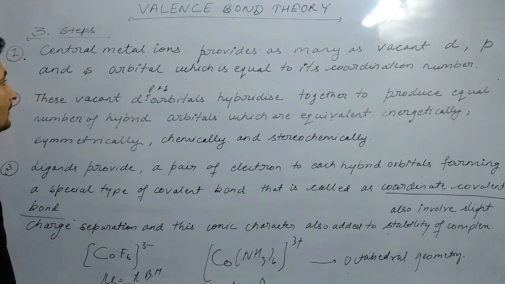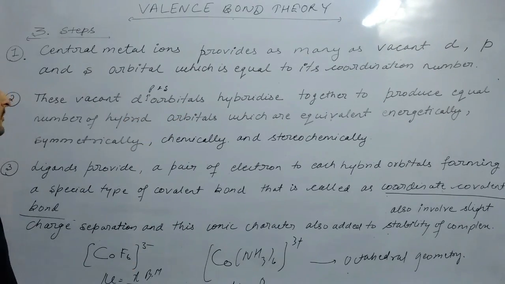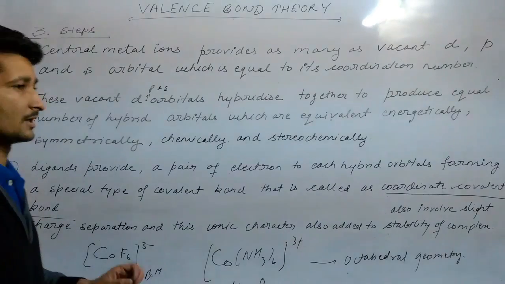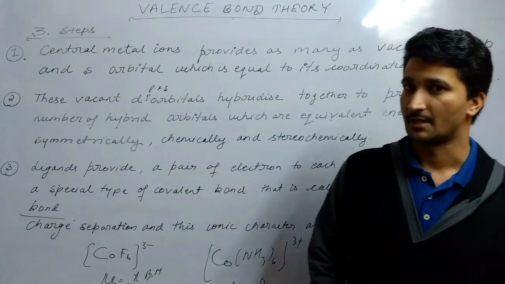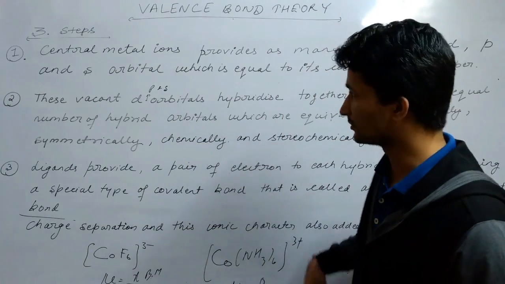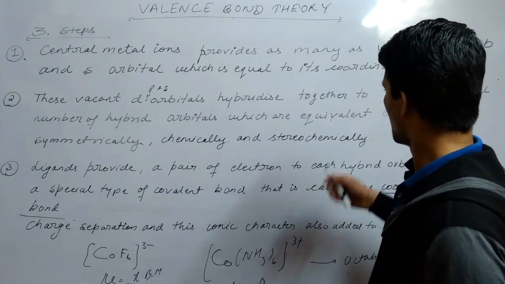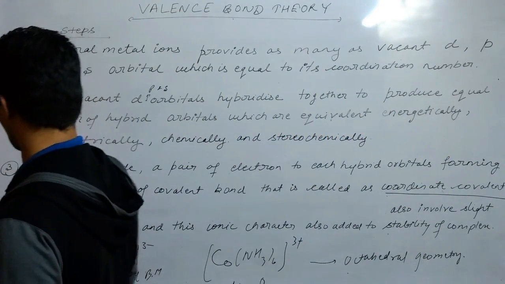These vacant d, p and s orbitals hybridize together to produce an equal number of hybrid orbitals, which are equivalent energetically, symmetrically, chemically and stereochemically. You must have learnt in the hybridization topic that hybrid orbitals are equivalent to each other. Similarly here also.